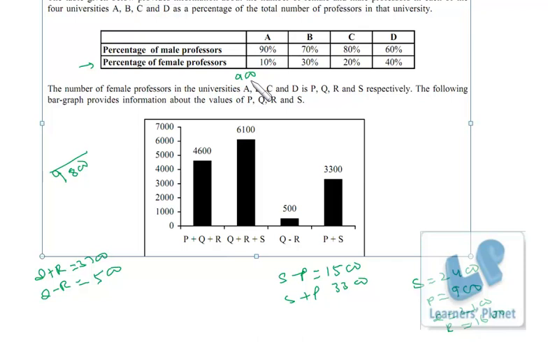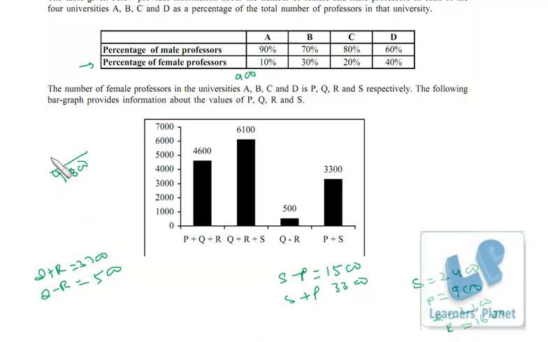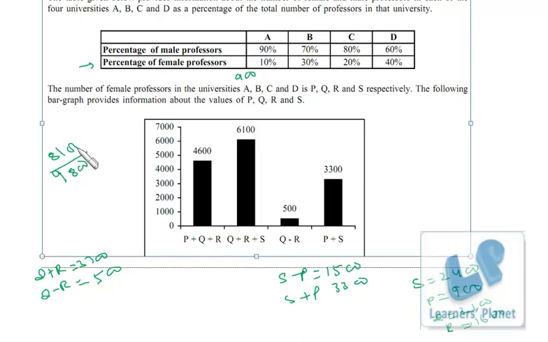The remaining ones, initially what we were having is 8100, right? 8100 were males. All the new transfers we are considering to be female. So we can find out whether A, because A has 90% males, is the correct answer or not, let's see, right? That's why we are considering all of them to be female, right?